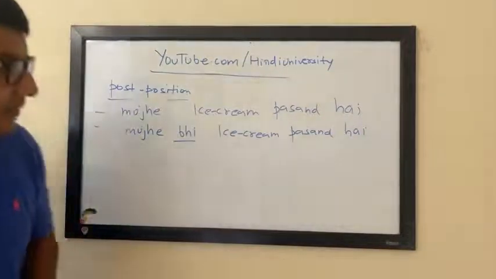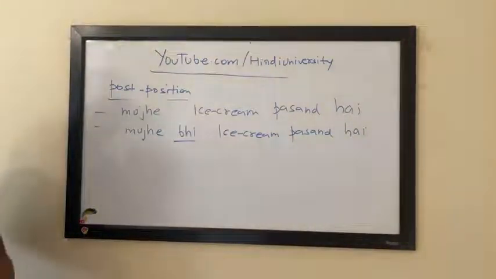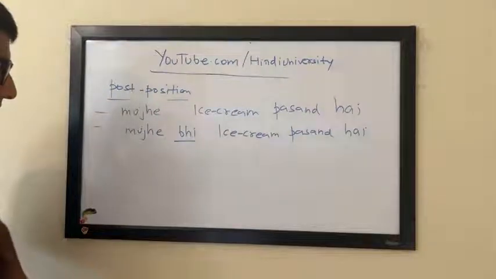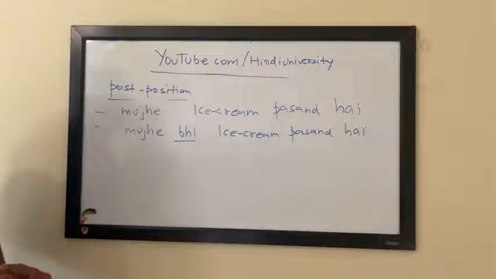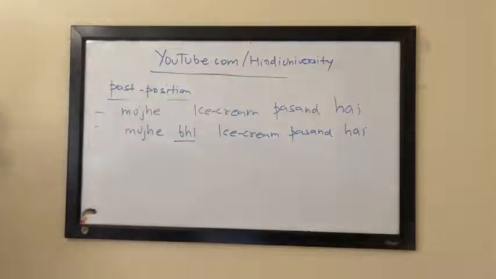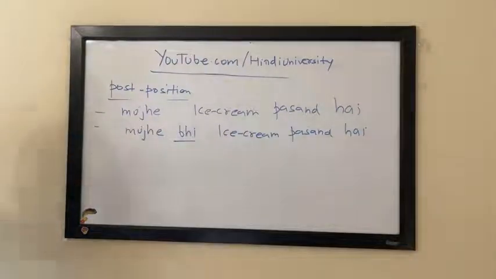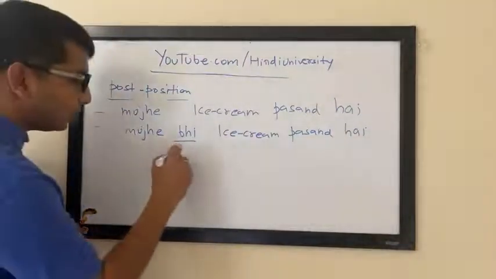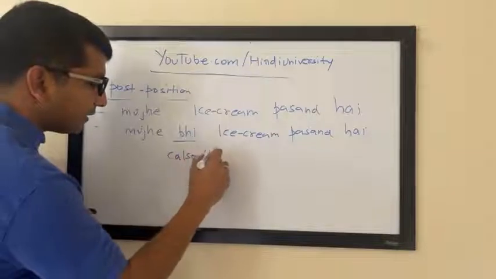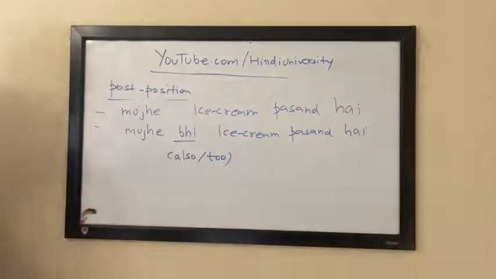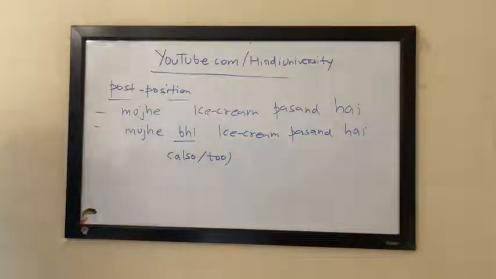कभी भी मिलते हैं. Okay, कभी भी मिलते हैं. Okay, so it's the correct sentence, but it doesn't convey the also or too part. Okay, so think one more time. Maybe you'll get it.